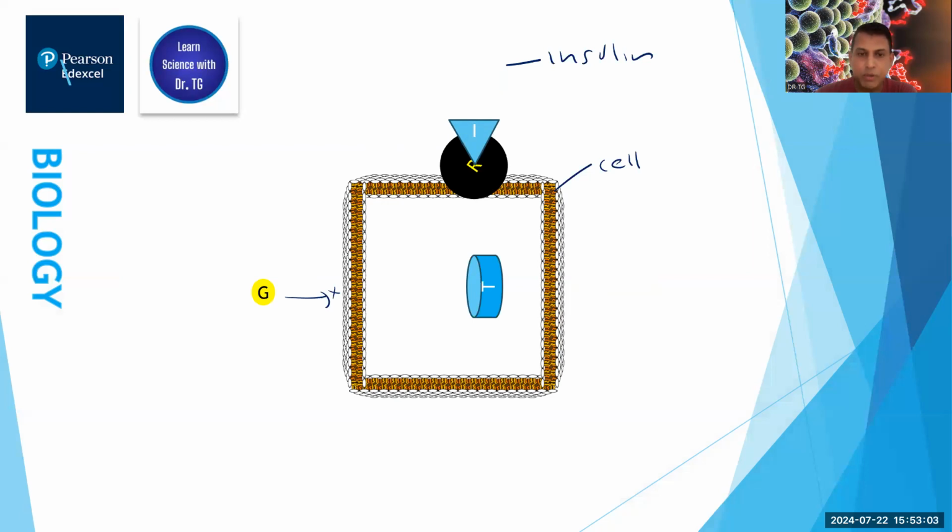That means many molecules, enzymes, activate in the cytoplasm. So I can show this as an arrow. So this finally leads to moving the glucose transporter to the cell membrane, allowing glucose molecules to move through this transporter into the cell.